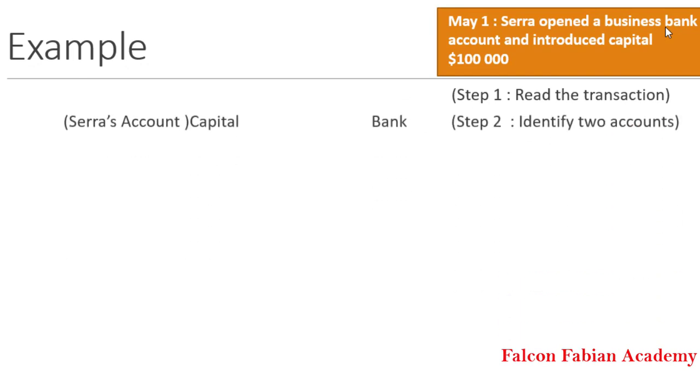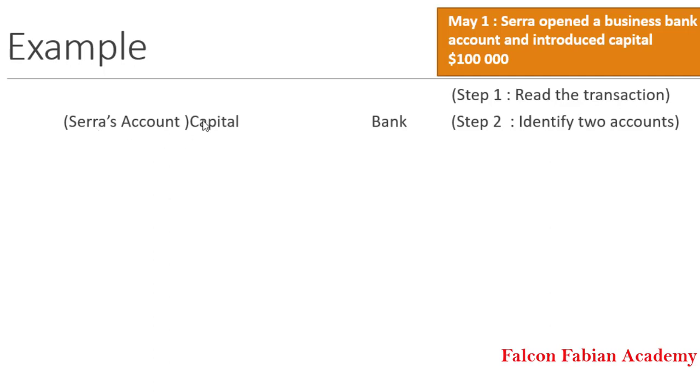Therefore, the two accounts involved over here are Sarah's account and the bank account. Now, the owner's account is referred as capital account in the books of business. So, we won't write Sarah's account, we will write capital. And the moment we use this term, we would know that it is the owner. Who is the owner? Sarah.